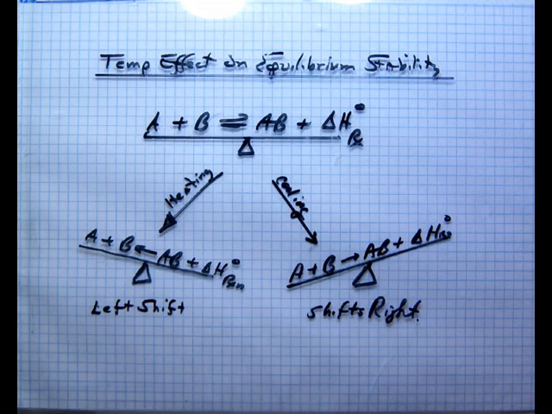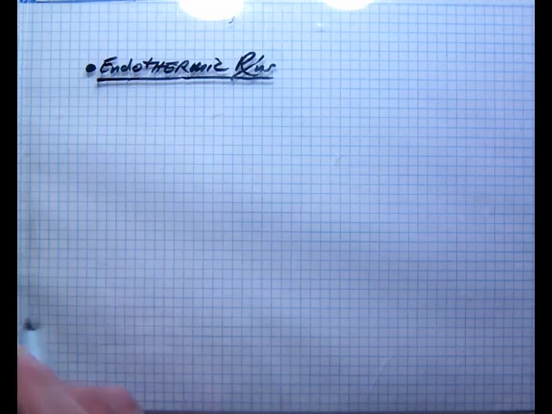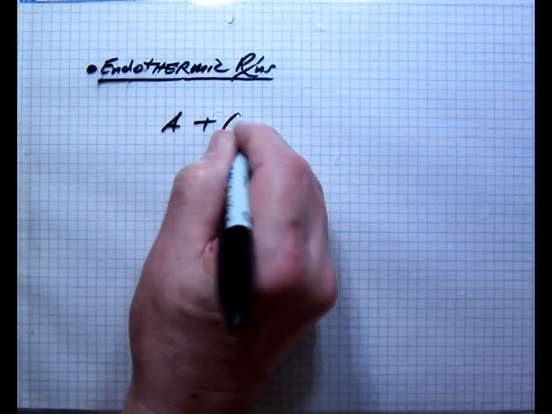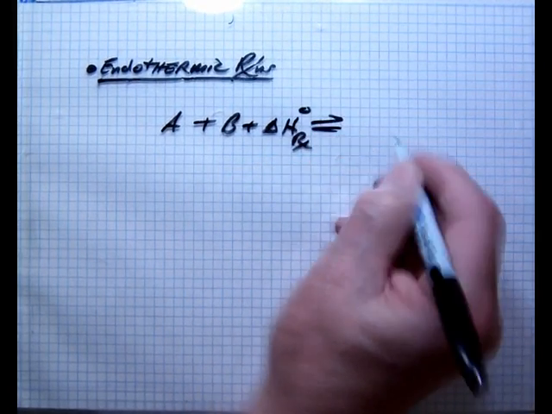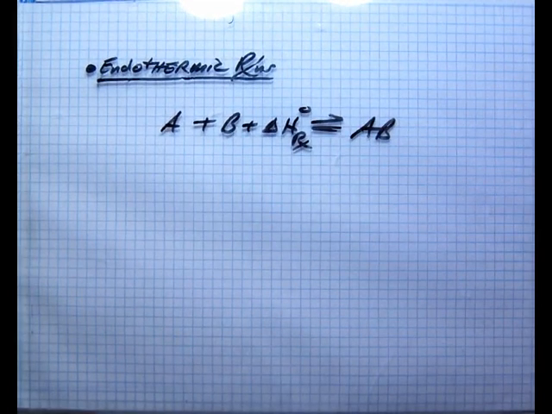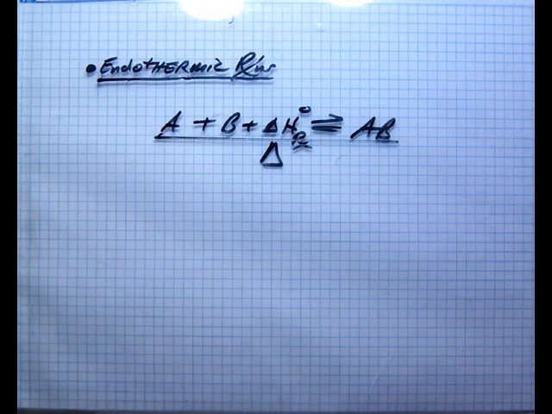It is the opposite for an endothermic reaction. If we use an endothermic reaction, A plus B plus delta H of reaction in equilibrium with AB, and ask ourselves what happens: of course, the fulcrum would be over here, but use your imagination a little bit. If we heat this, the heat is going to go into the reactant side, so we're increasing the mass of the reactant side.